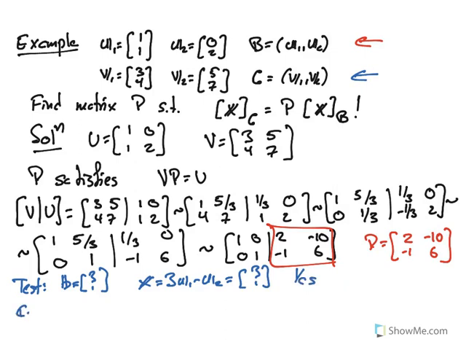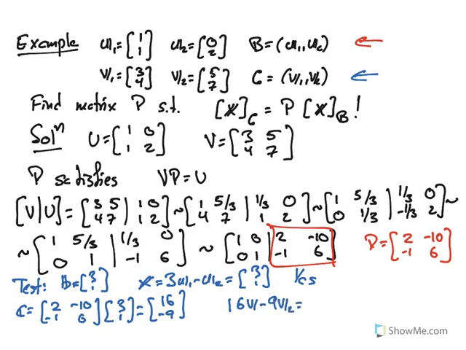And now the claim is that C is equal to 2, minus 10, minus 1, 6 times 3, 1, that's 16 and minus 9. And then if we work out 16 V1 minus 9 V2, then yeah, it seems this works because that's also 3, 1. So we have a match.